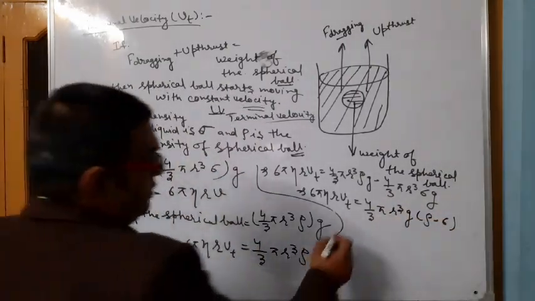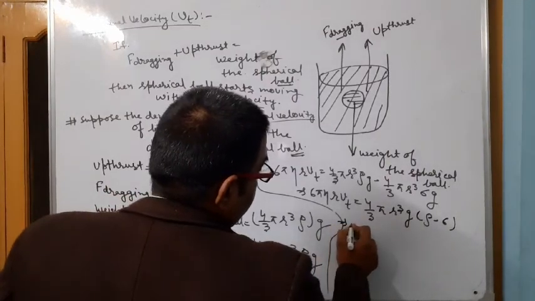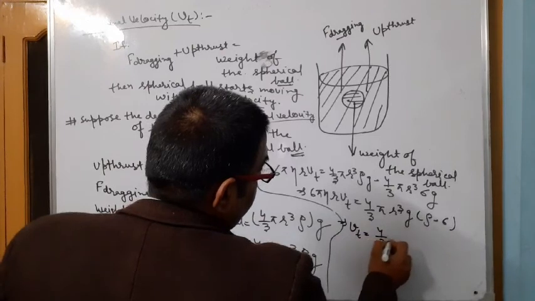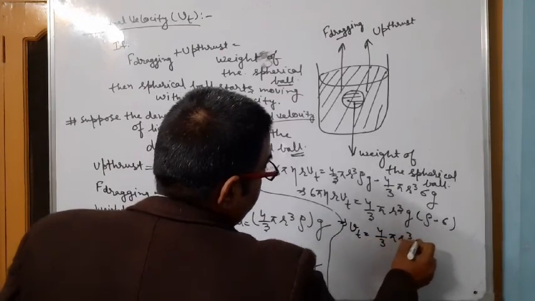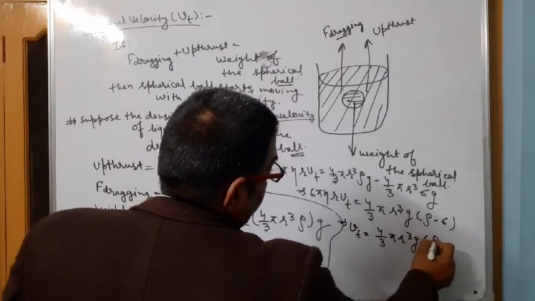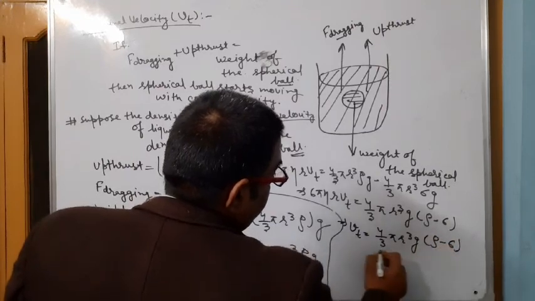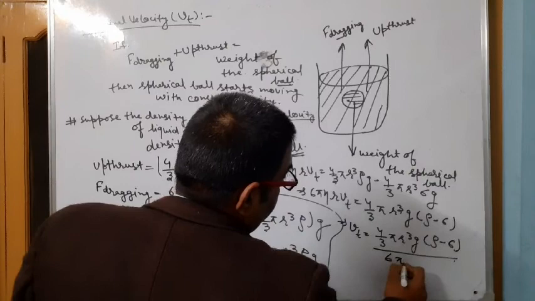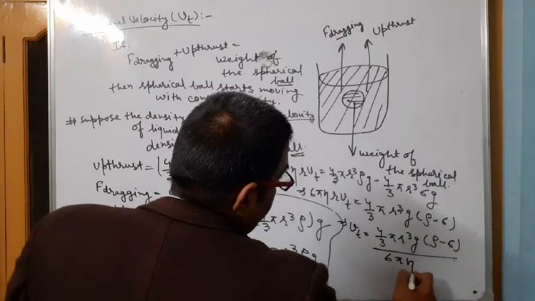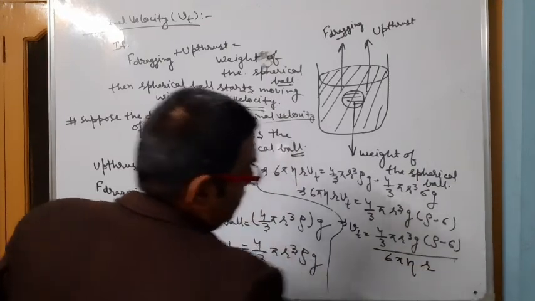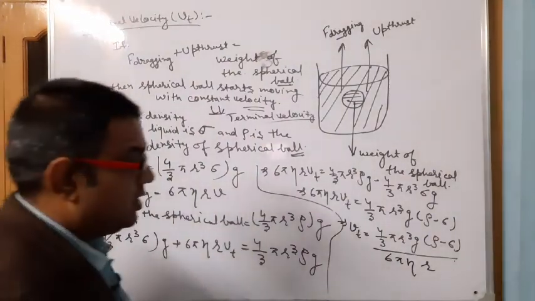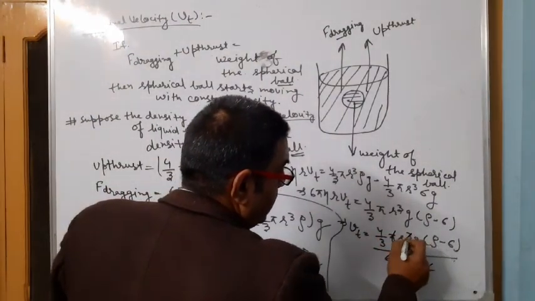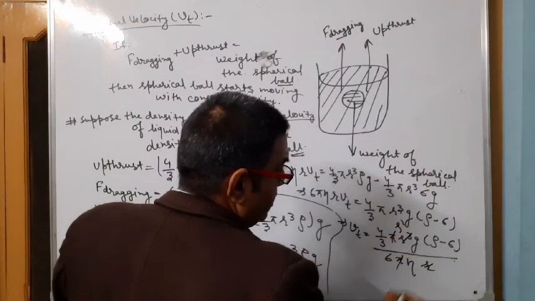So Vt is equal to 4 by 3 pi r cube g (rho minus sigma) upon 6 pi eta r. Now pi cancels pi, and r with r, it becomes r square.